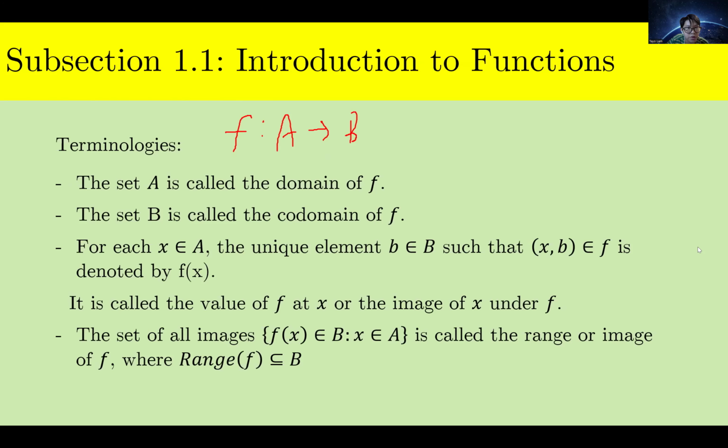For example, we have just now the function f(x) equals x squared. If we don't define the domain explicitly, we'll call the natural domain R, so it's from R to R. However, x is a real number and not complex, so it's not possible to have f(x) as a negative number.